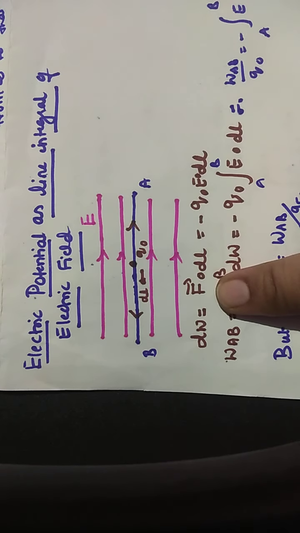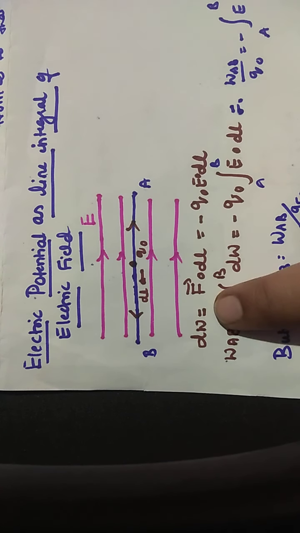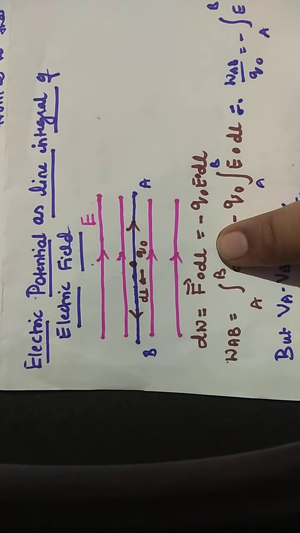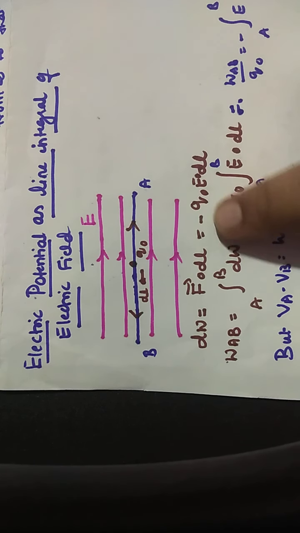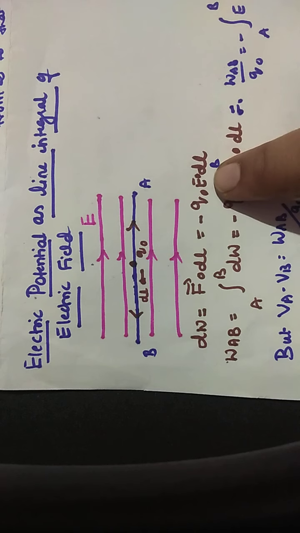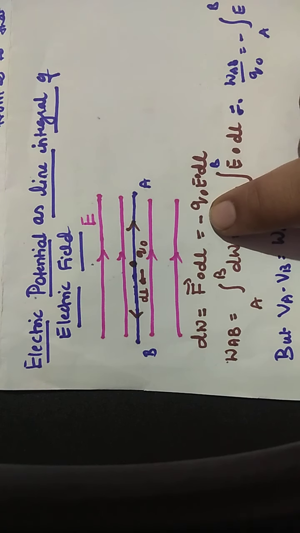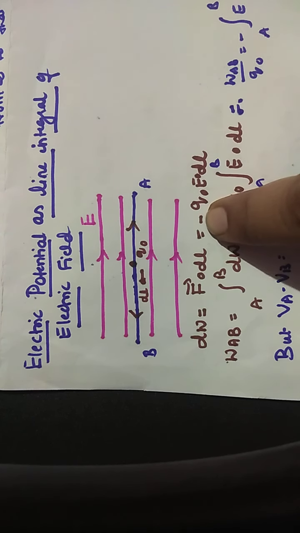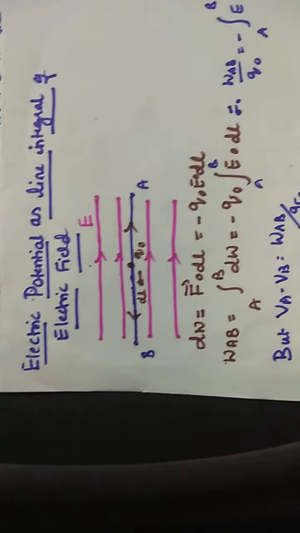Then the amount of work done is given by dW is equal to F dot dl, which is equal to minus Q naught E dot dl, because electric force is given as Q naught into E. It is against the electric force, hence it is taken with the negative sign.